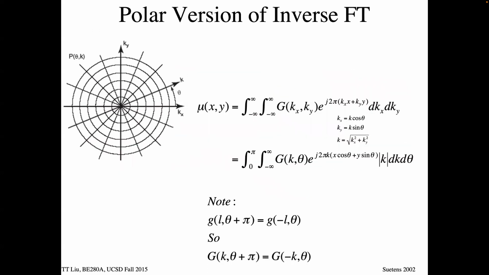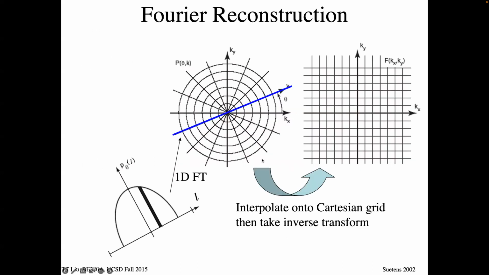So at this point you're saying, okay, if I have a g(l,theta), I take its one-dimensional Fourier transform and I get a sampling through the Fourier transform of my object, can I not just take a lot of these, which is what we're doing, like we're taking 1,000 different thetas?